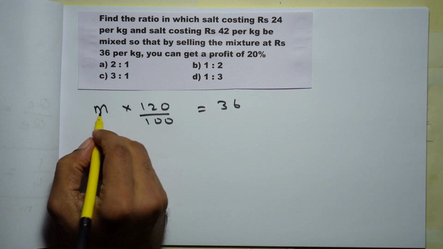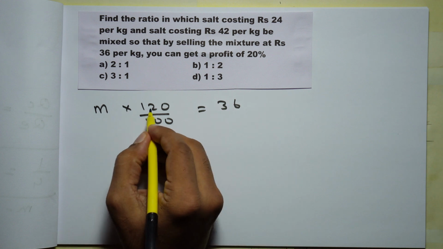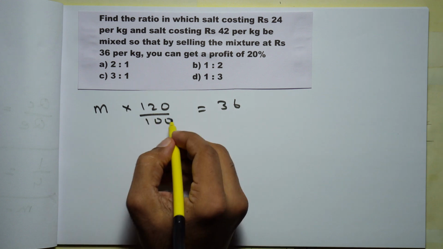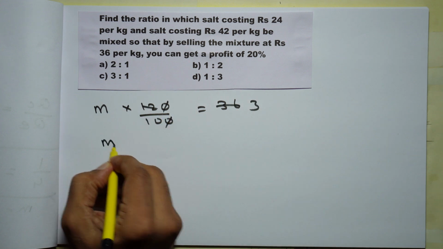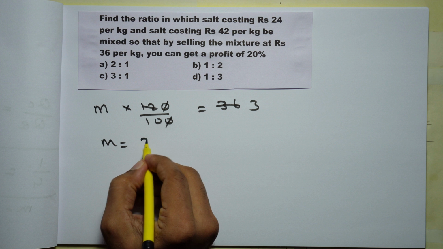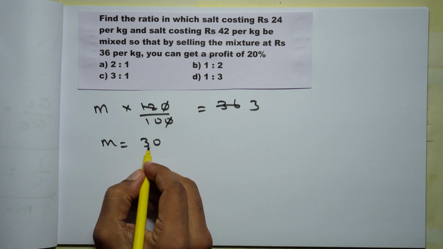So we'll calculate the mean price such that by selling it at rupees 36, you are getting a 20% profit. I will cancel the zeros. 12 divides 3 times. So you will get mean price to be 10 into 3, which is 30. So the mean price or the mixture price should be 30.